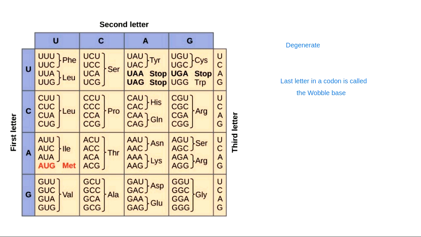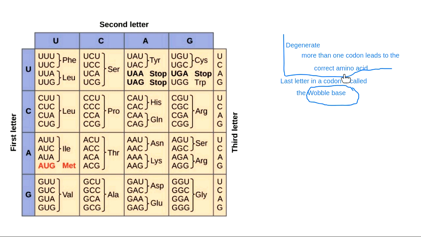So this word degenerate means more than one codon leads to the correct amino acid. But that codon is probably just different by the wobble base. It's probably just that last letter that's different, because that last letter is the wobble base.